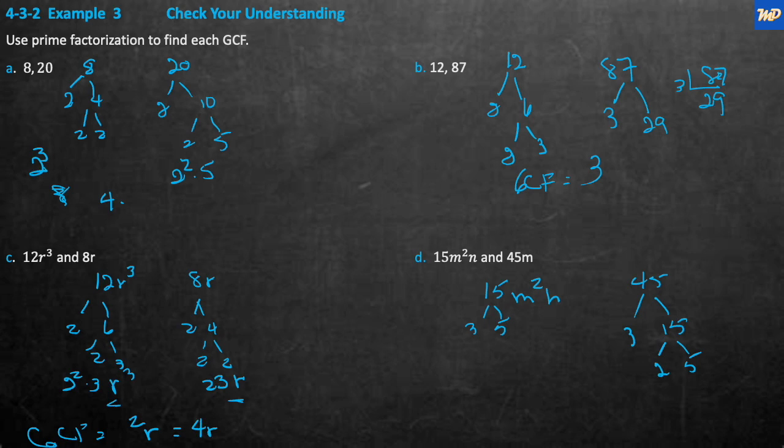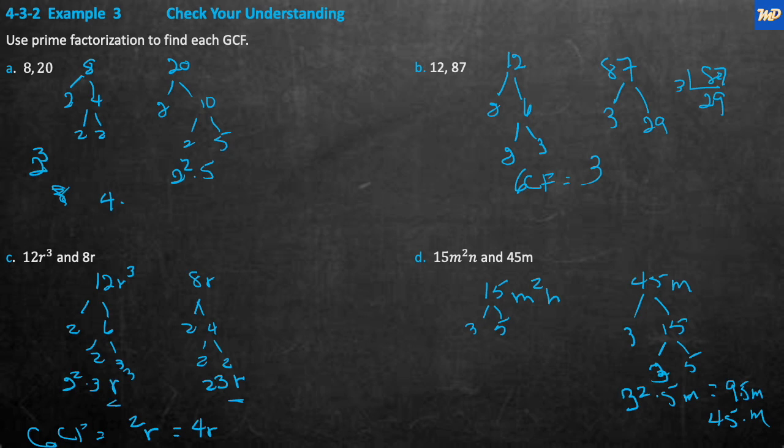So we have 3 squared times 5, and the 45 has an m, so we're going to put an m, and that's equal to 3 squared times 5, which is 9 times 5m, or 45m.